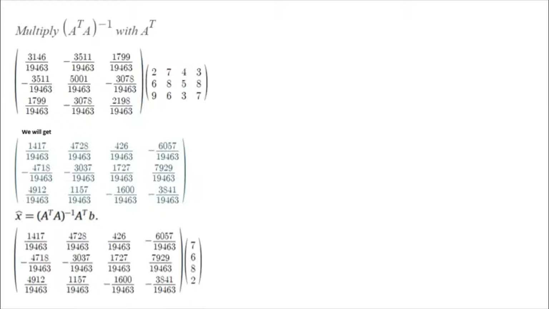Okay, we got the inverse matrix on the right of the augmented matrix. Then we multiply (A transpose A) inverse with A transpose, and what we get is this. Then we find x equal to (A transpose A) inverse times A transpose B.